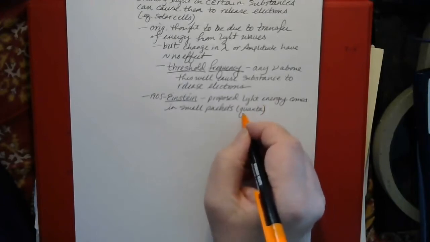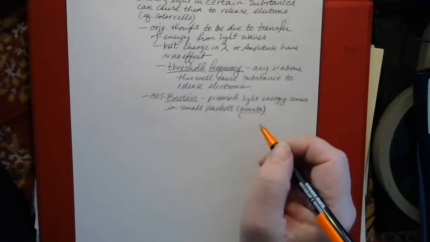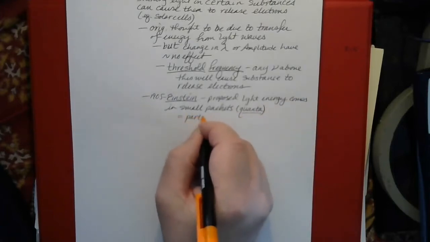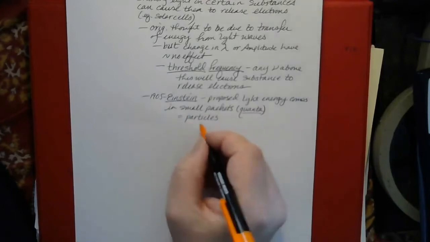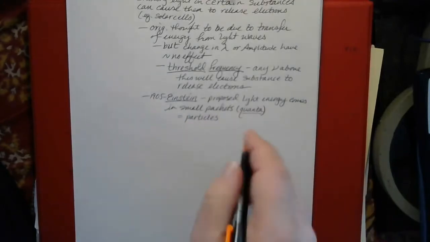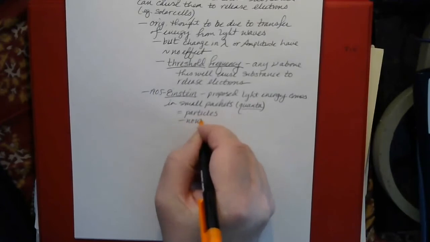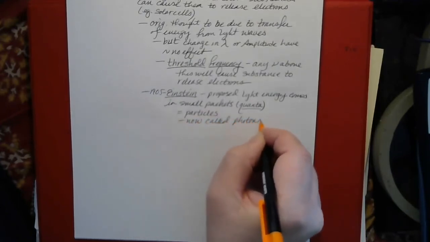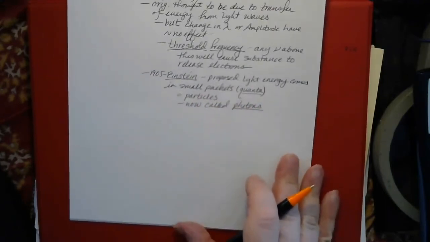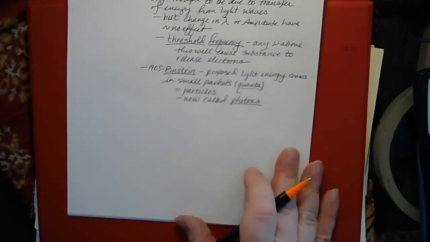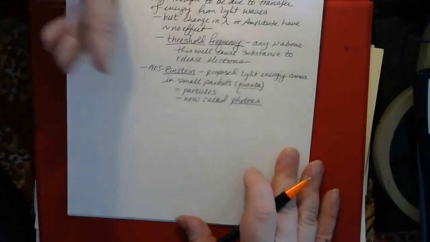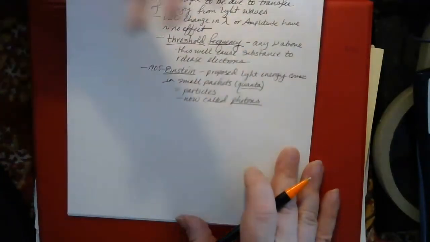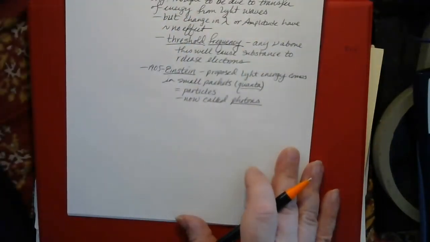These packets are known as quanta, or quantum in the singular, and they are particles. We call them photons. A photon is just the particle that's associated with light, or rather the particle properties that are associated with light.